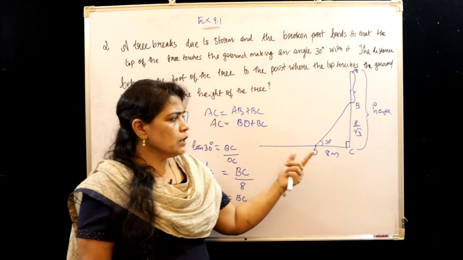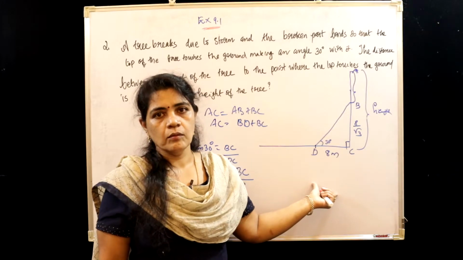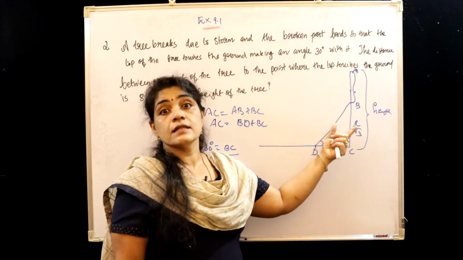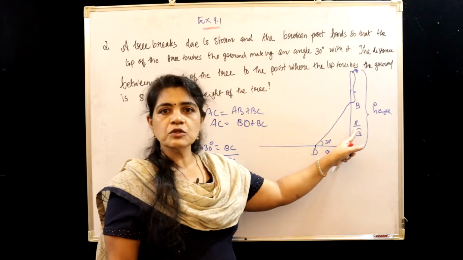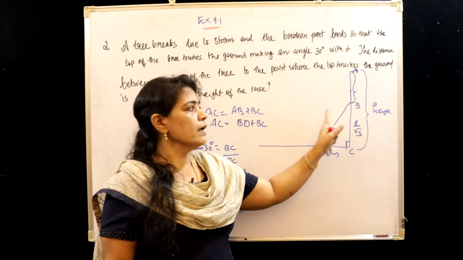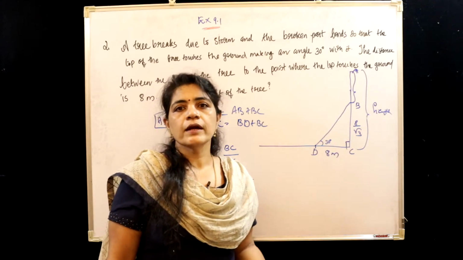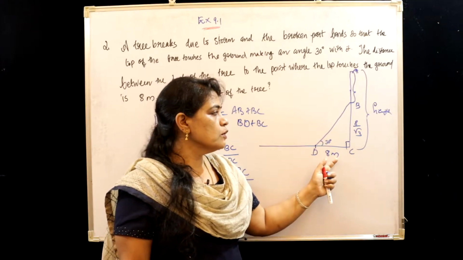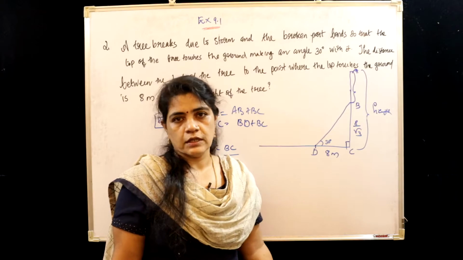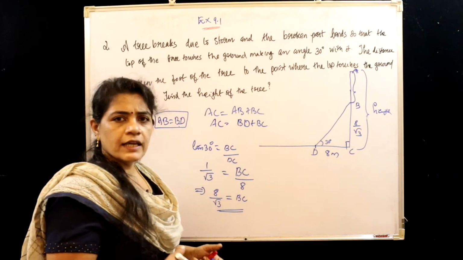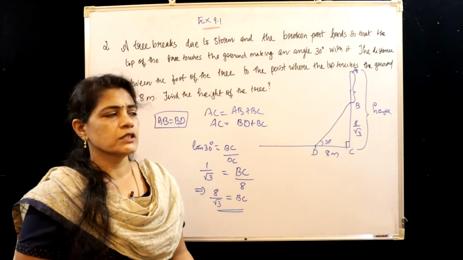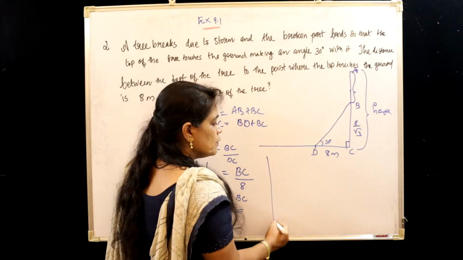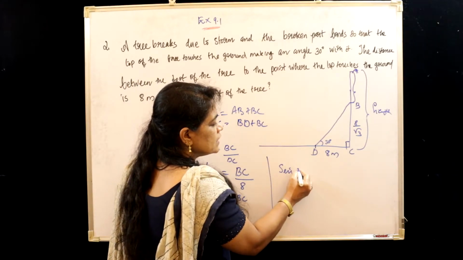So either you can apply Pythagoras theorem, or now we can take sine, because opposite side is known now, opposite side by hypotenuse. Or you can apply Pythagoras theorem, that doesn't matter, that is square of the hypotenuse is equal to sum of the squares of other two sides. So here I am again applying one of the trigonometric ratios, that is sine of 30 degree.